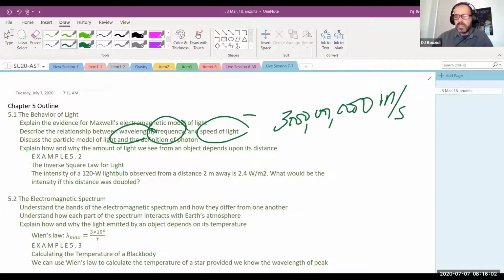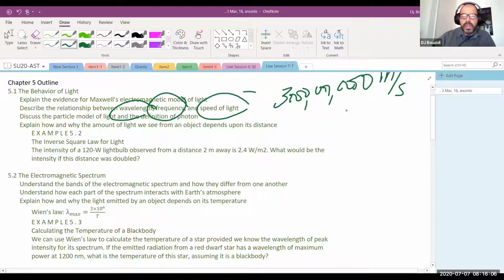Questions so far about this chapter, part of the chapter? No? You have an example in here. I don't think I talked about it in the notes that I have for you guys to summarize things, and that is the intensity of light drops like 1 over distance squared.